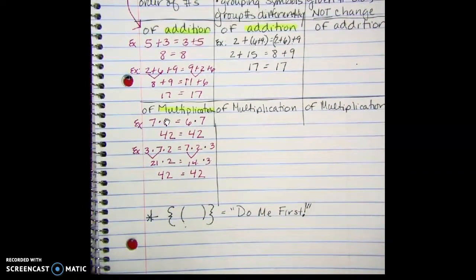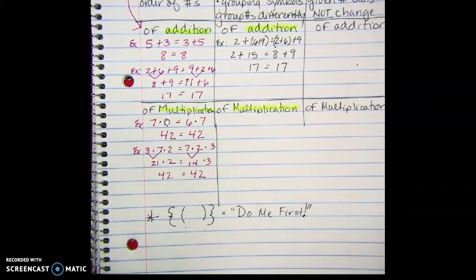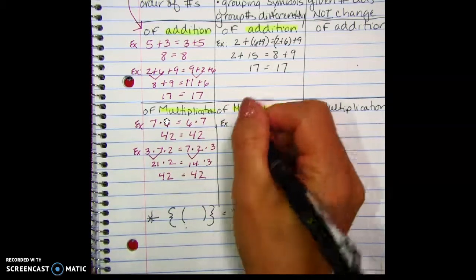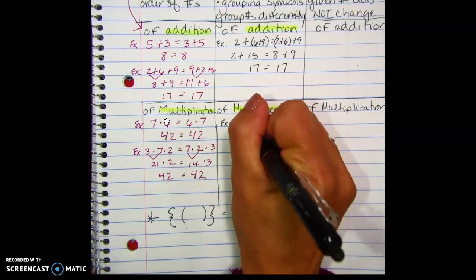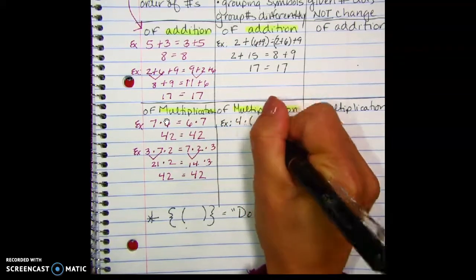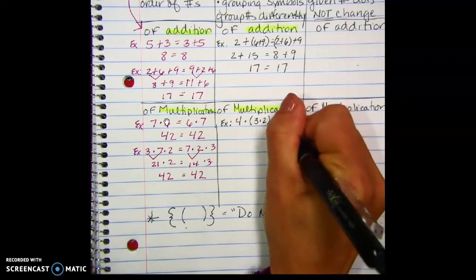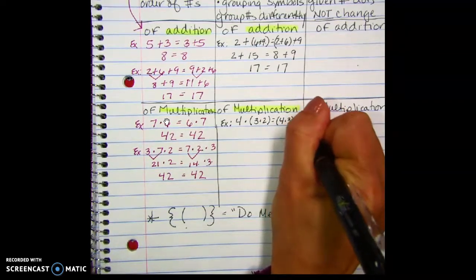So let's take a look at using the associative property of multiplication. So here's my example. I'm going to have 3 factors, and I'm going to group some of them. So we have 4 times the product of 3 and 2 equals the product of 4 and 3 times 2.